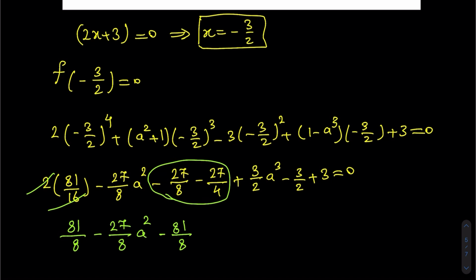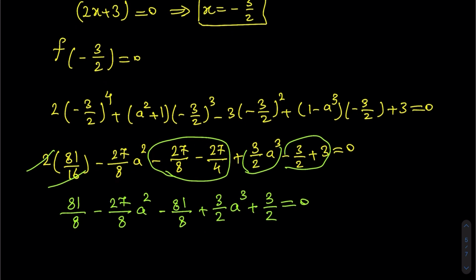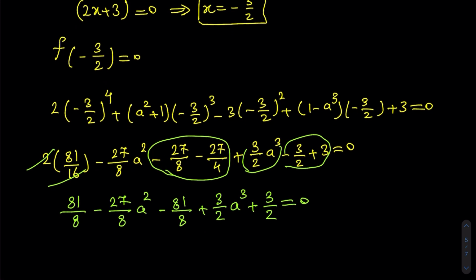And also I will write this term, 3 over 2 a to the power of 3, and I will add these two up together. I will get 3 over 2, right? It is equal to 0. Now these two terms will be cancelled out with each other.